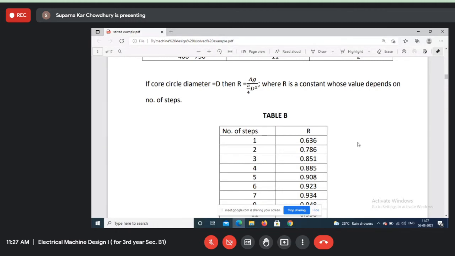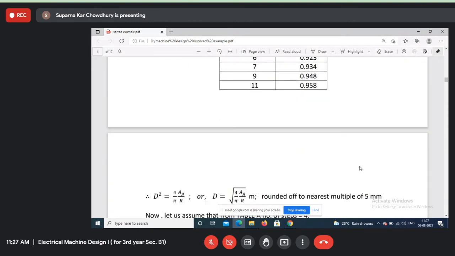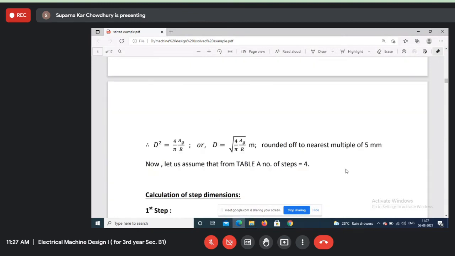This is basically percentage fill, so here we have 90.8% fill. The rest is for the oil to flow; there will be gaps. So your D square is 4 A_g by pi R. So D is the square root of 4 by pi A_g by R meter. We know A_g and we have decided on the value of R, so now we know the core circle diameter.